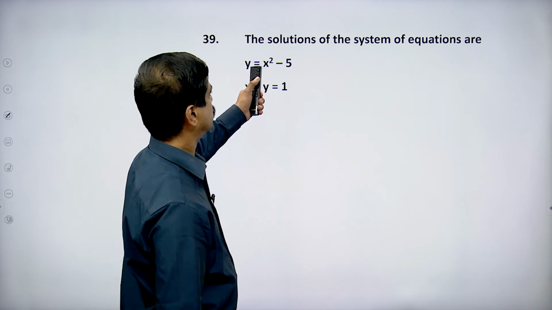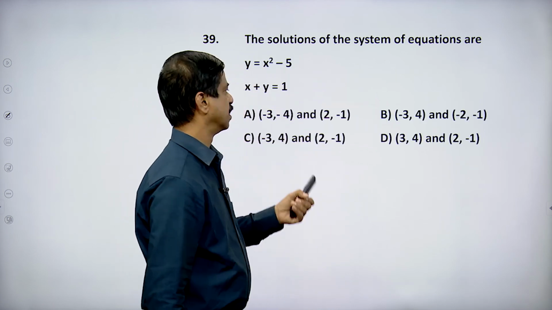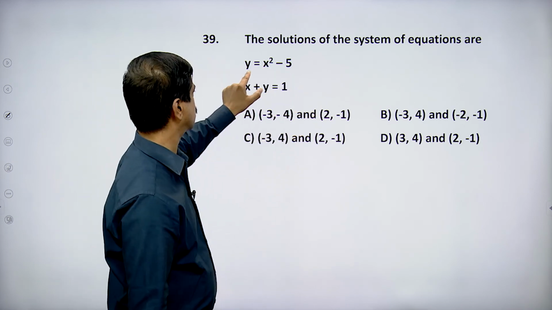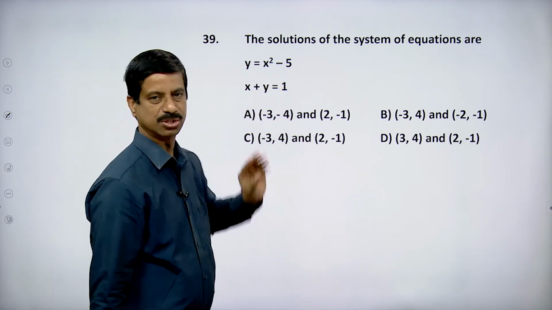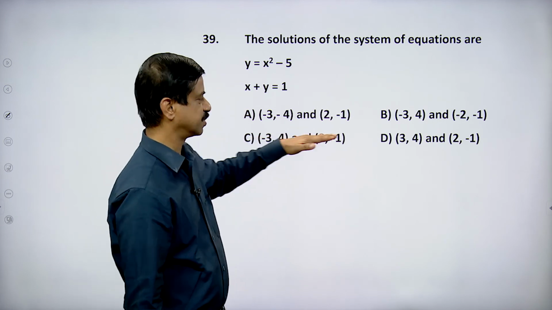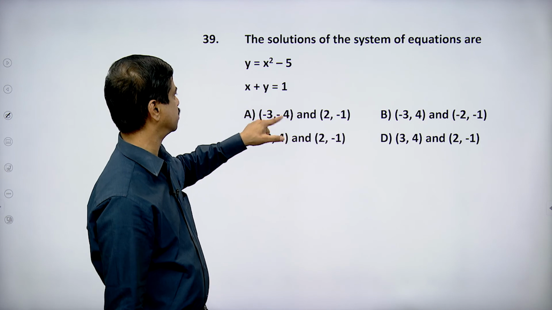Yeah. The solution of the system of equations, this and this, are. Solution means what? These types of things I need not solve. Actually, y equal to x square minus 5, I should substitute, then solve it and get the values. Instead of that, because options are there, I can substitute. See, x is minus 3, so y is 4.